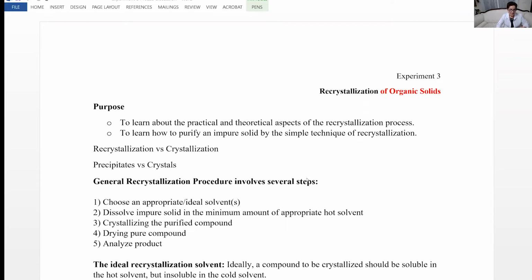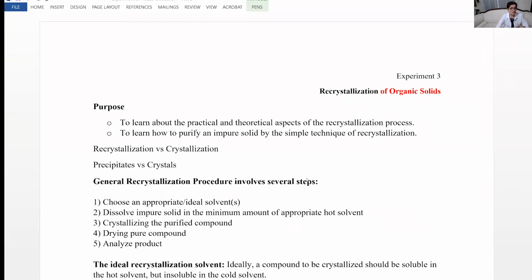When we talk about recrystallization versus crystallization, in crystallization, crystals are coming out from a liquid. So if your liquid is saturated with a high concentration, or it's supersaturated, you wait long enough, crystals are going to form.